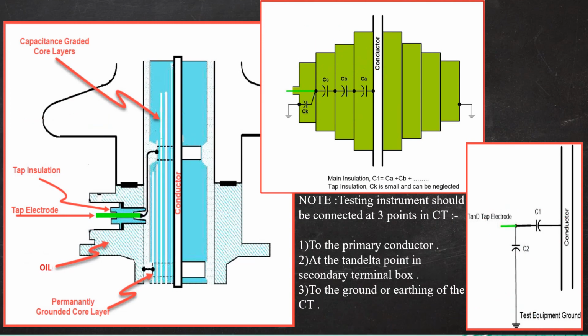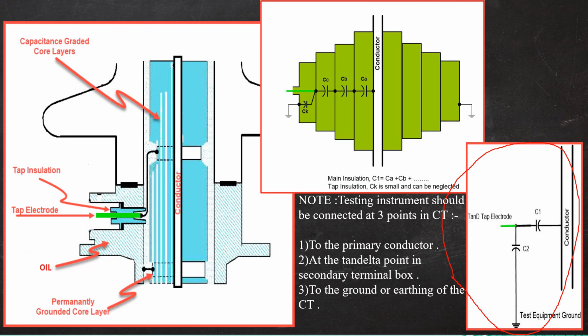So now referring to the rightmost side of the figure, we can say that if we require to measure tan delta and capacitance in any CT, then we will require an equipment or an instrument that should be connected at three points of the CT.